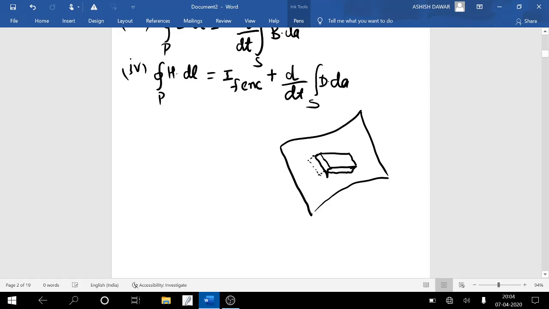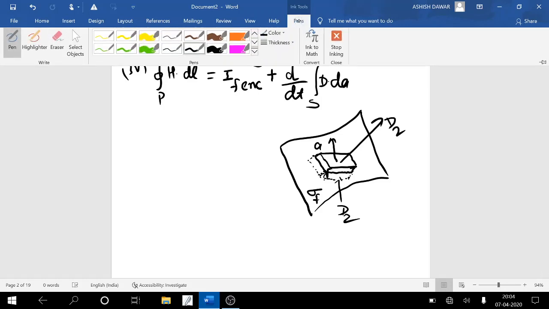And this dotted surface is for below the surface. Okay, so here the area is A, and here the surface charge density sigma f, and this dotted surface is for D2, and this surface is for D1.